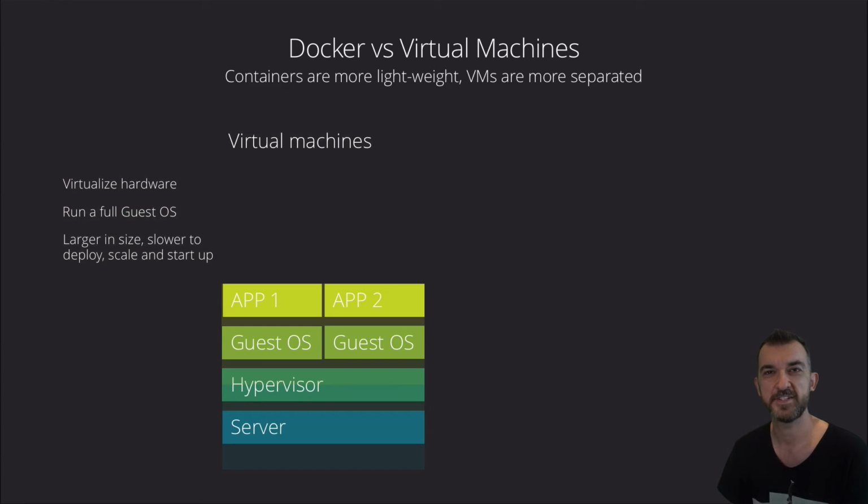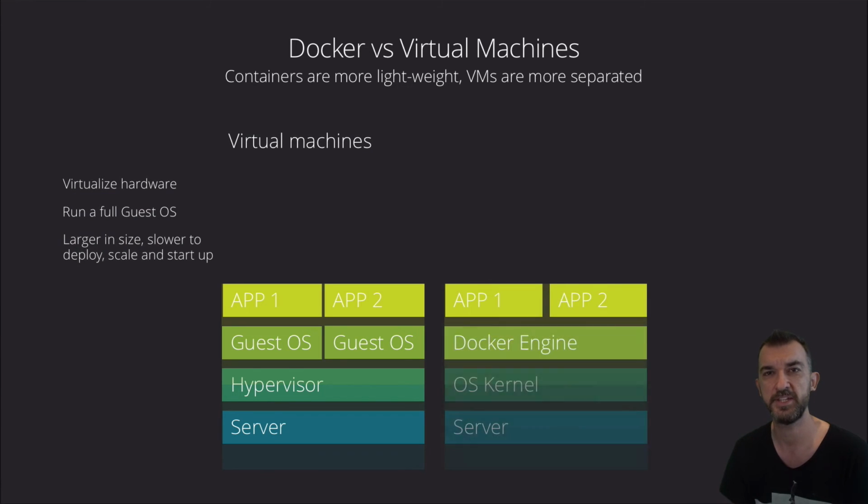Let's understand the difference between virtual machines and Docker containers. In the case of virtual machines, we have a physical server that has a hypervisor running, and on top of the hypervisor you can have multiple guest operating systems. In this case, we are talking about hardware virtualization, which means that every guest operating system appears to have its own dedicated hardware.